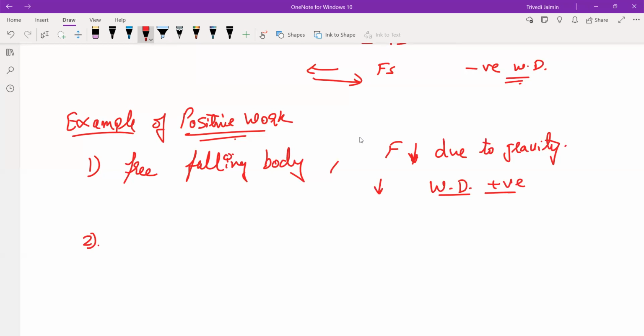Think. Do you understand what I'm saying? Stretching a spring.